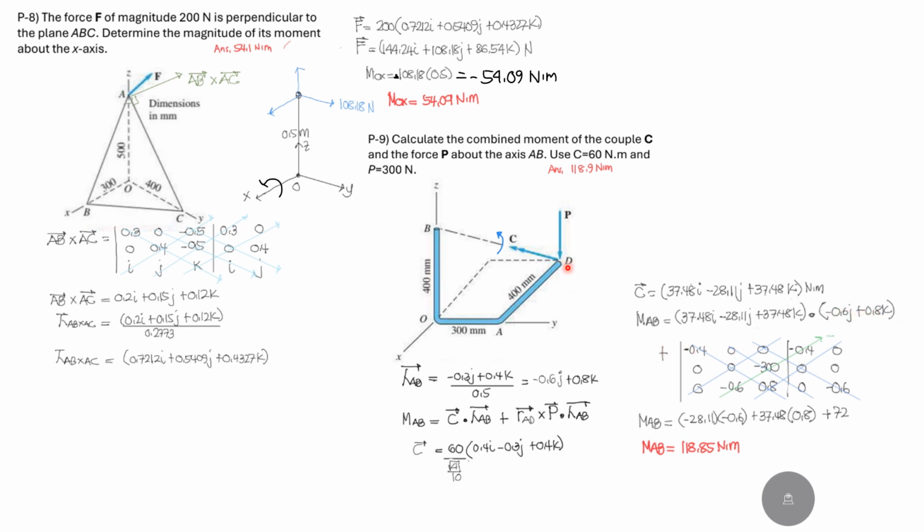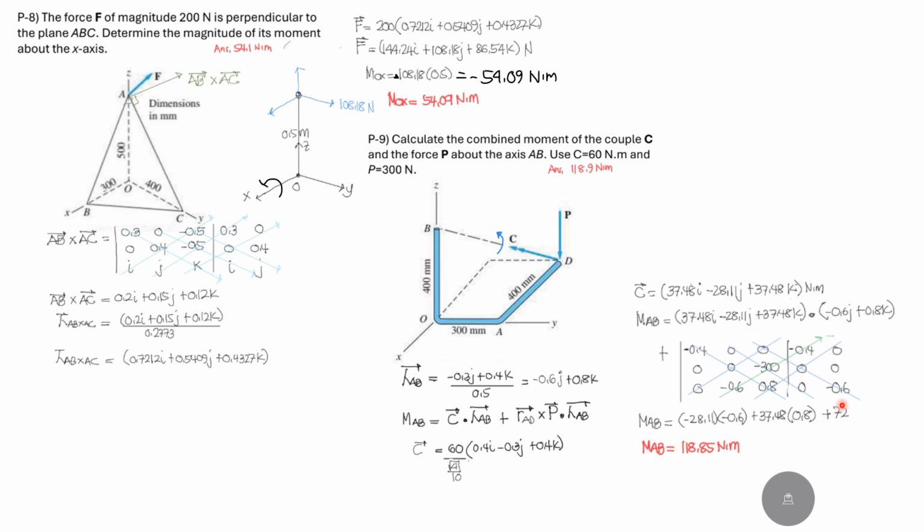Then plus the moment of P about axis AB, which is r AD, and r AD is to the negative x direction, so negative 0.4, no movement along y, no movement along z axis. Then P is negative 300k, so 0, 0, negative 300, and the unit axis vector is 0, negative 0.6, positive 0.8.